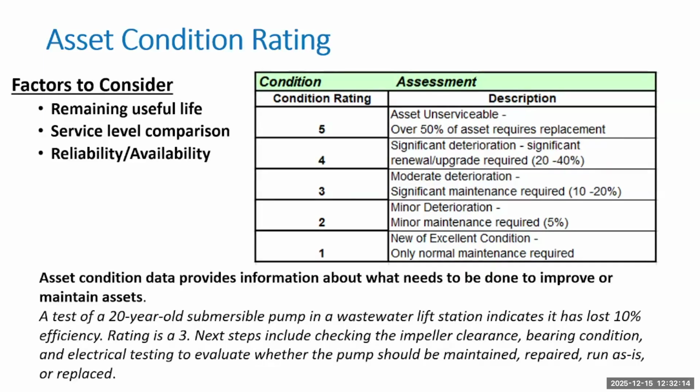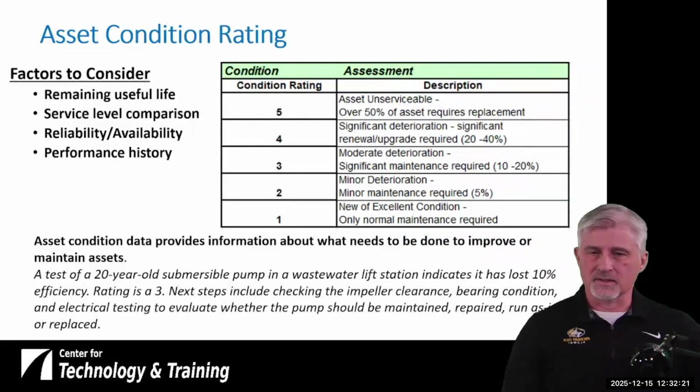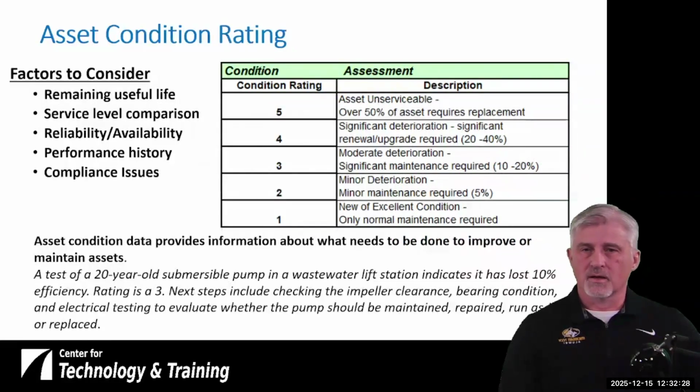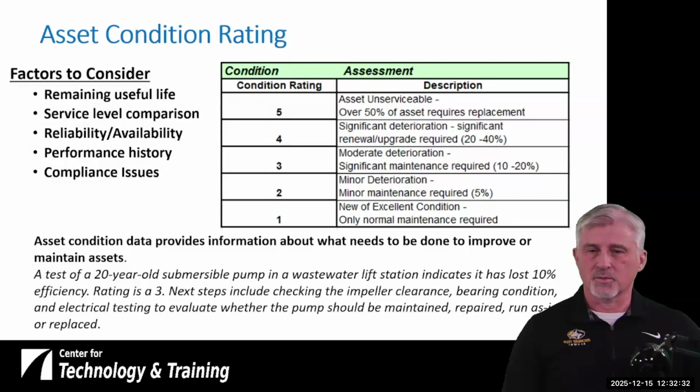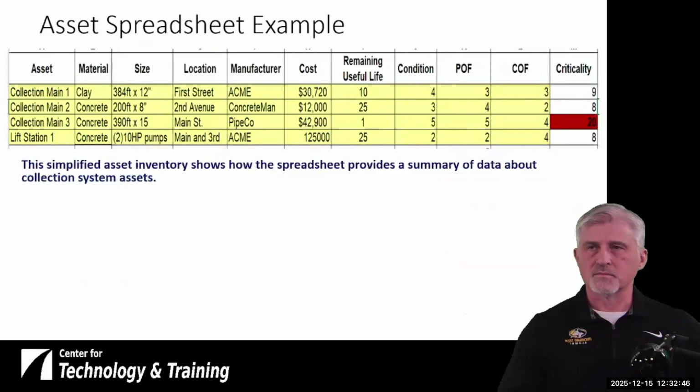Can we count on it, or does it work some of the time? And then what's the history? Has this been a problem for us for years, or is there something recently that happened with this? Does this cause us to not meet any of our regulatory requirements? Are we meeting compliance? And then how easy is it to maintain? Sometimes that's a big factor because it's just too difficult to maintain.